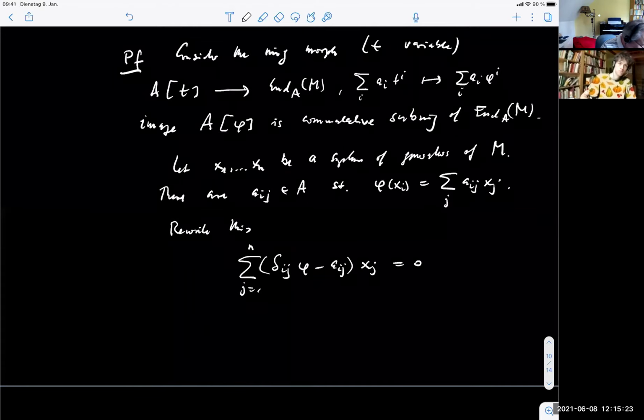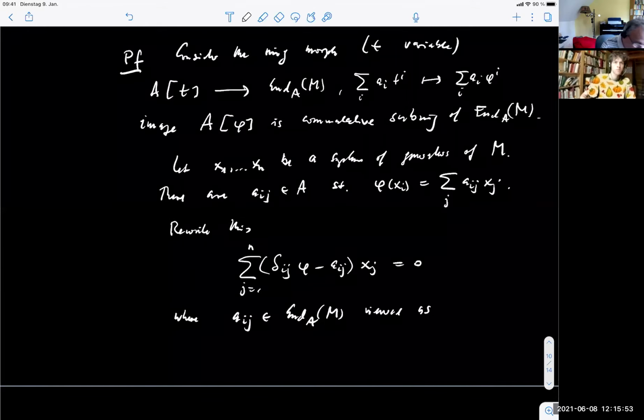To be very clear, a_ij should be seen as an element of my ring, where a_ij is interpreted as an element here, viewed as left multiplication.